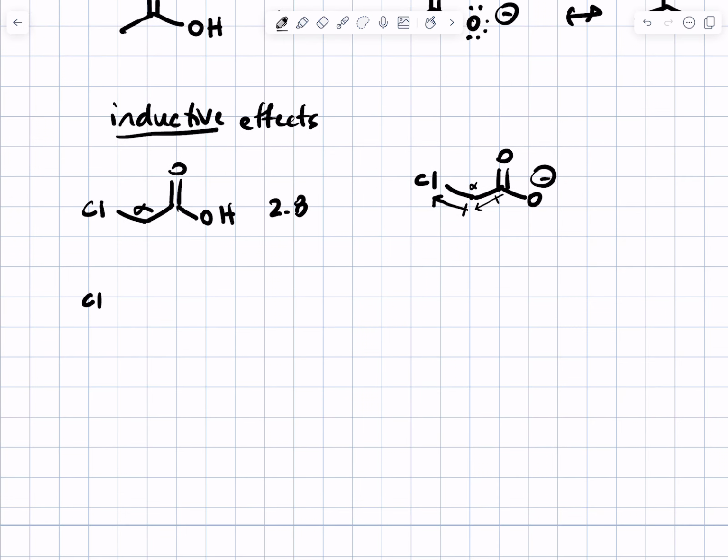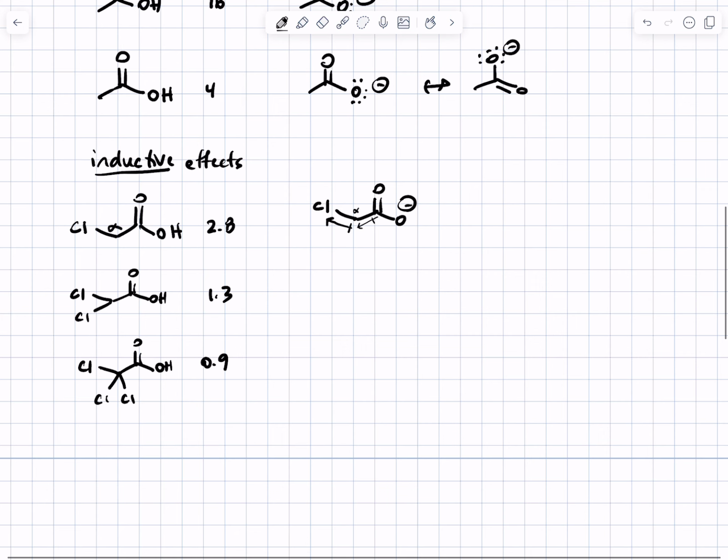If you add more chloro groups, for example, the trichloroacetic acid, well, let's do both. The dichloroacetic acid has a pKa of 1.3, and then if you put 3 of them on there, the pKa drops down even further to 0.9, much more acidic.